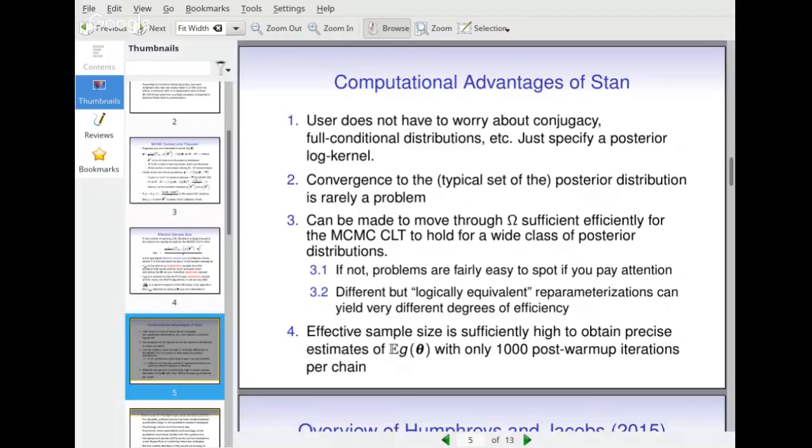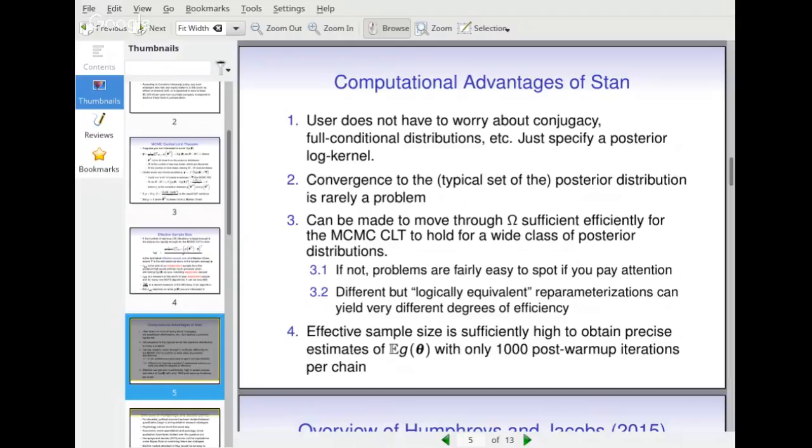It's relatively easy to use. It doesn't put a huge burden on the user beyond what the user should already be responsible for communicating, which is: what posterior distribution do you want to draw from? What are your priors? What is your likelihood of these data? It converges quickly. It tends to go through the sample space efficiently enough for the Markov chain Monte Carlo central limit theorem to hold.